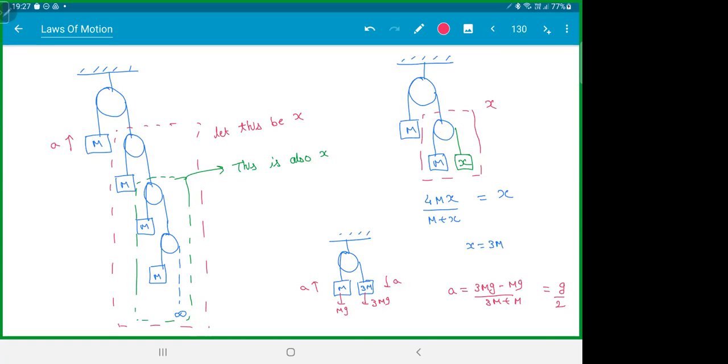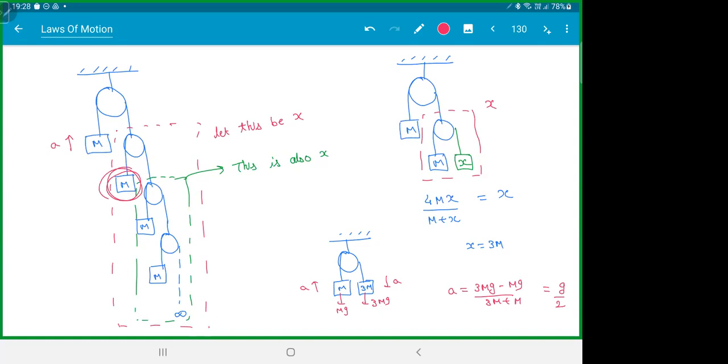Please check. Anyone not clear with this, please ask. Others, do keep your cams on. Clear? How will you find acceleration of this block? क्या करना था?